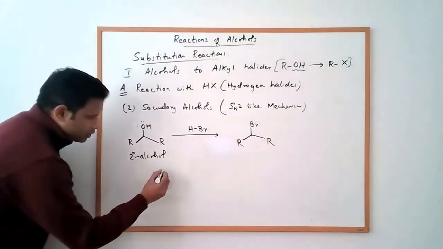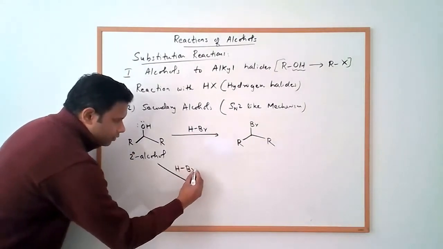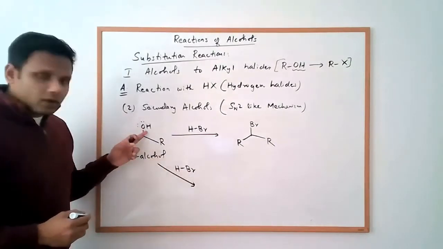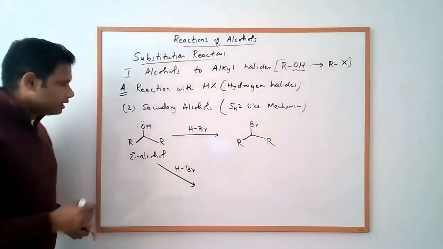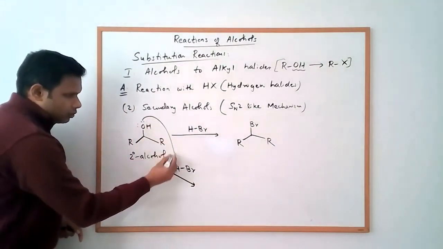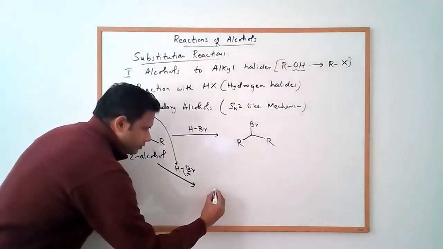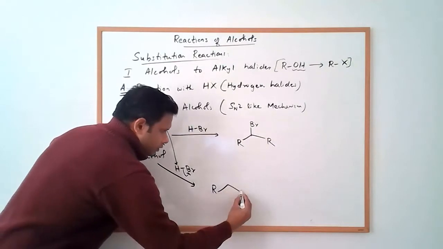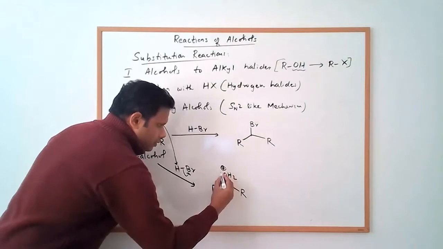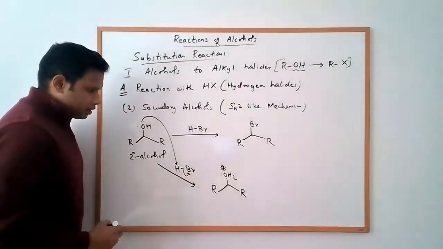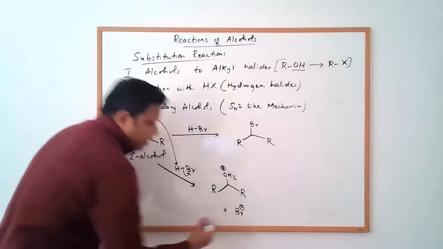So what exactly happens? The first step here is similar to that of tertiary alcohols, which involves converting this bad leaving group, the hydroxyl group, into a good leaving group. So the lone pair gets protonated, so that we have a good leaving group now, and along with that, we have Br minus.